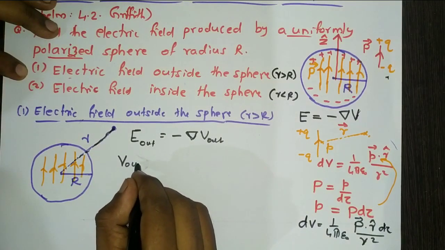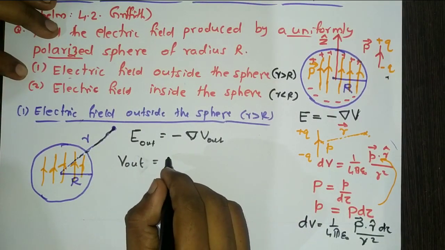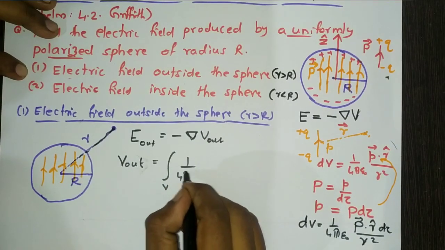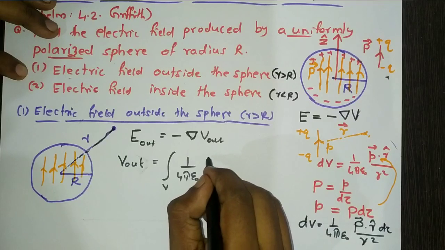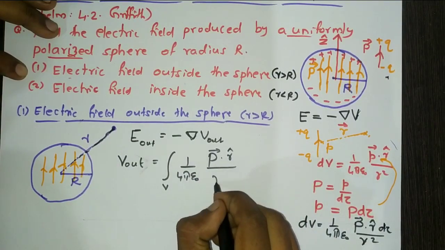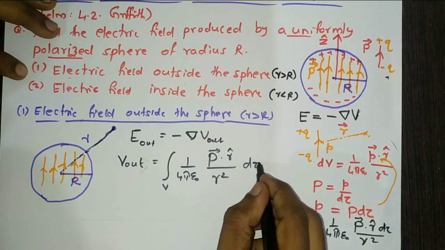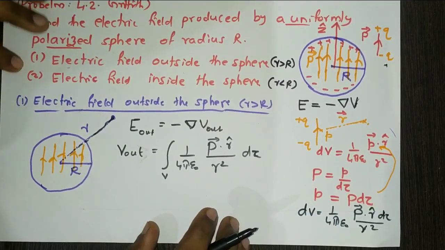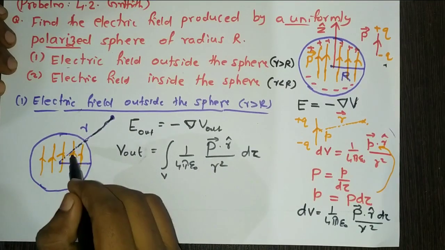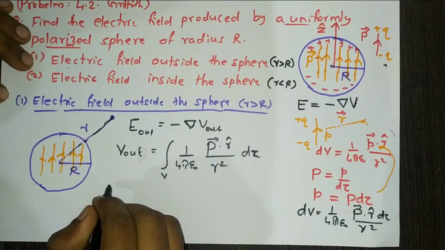V outside can be written as the integral over volume of 1 by 4 pi epsilon 0, polarization vector P dot r cap divided by r square d tau. Actually, since the polarization P is uniform, we can take it outside.